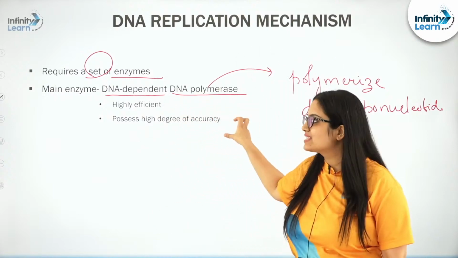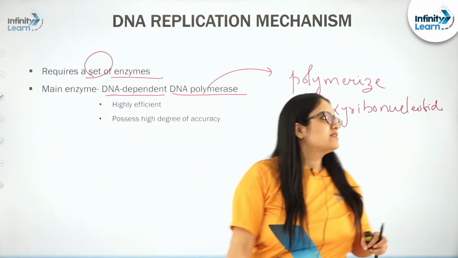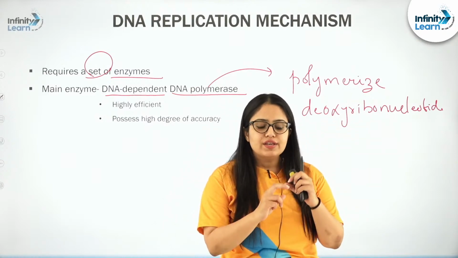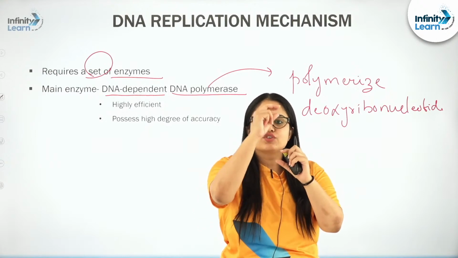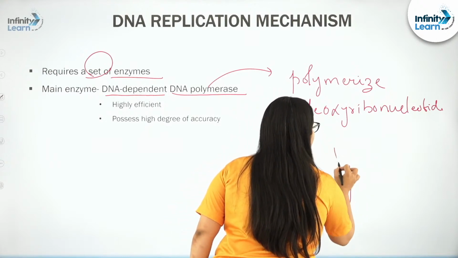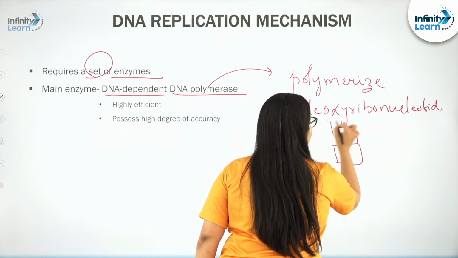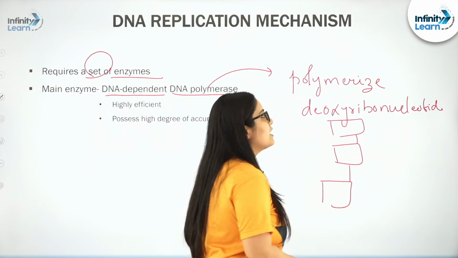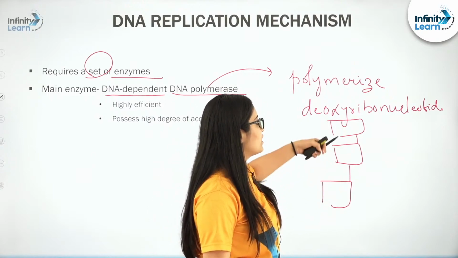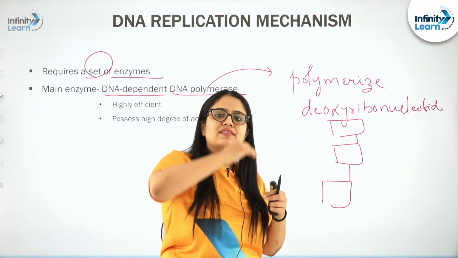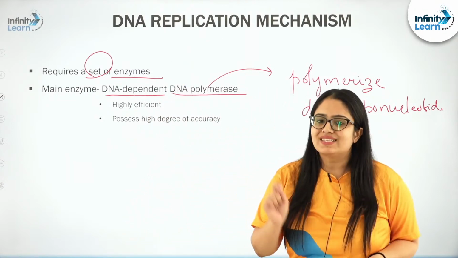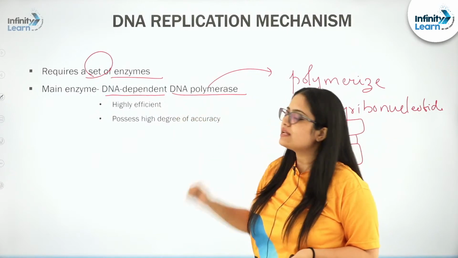The polymerase activity means to polymerize the deoxyribonucleotides, meaning connecting one deoxyribonucleotide to another, to another, to another. So in this way, one will be connected to another, one to another. So this enzyme will catalyze the polymerization of deoxyribonucleotides, one to the second to the third, like this.